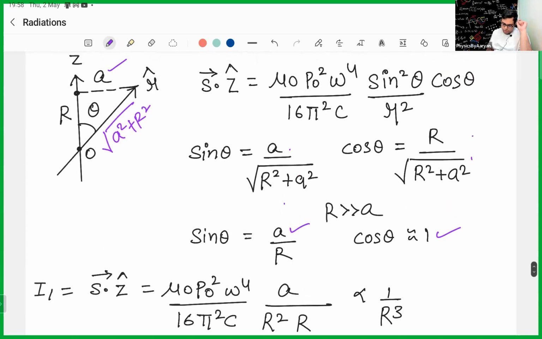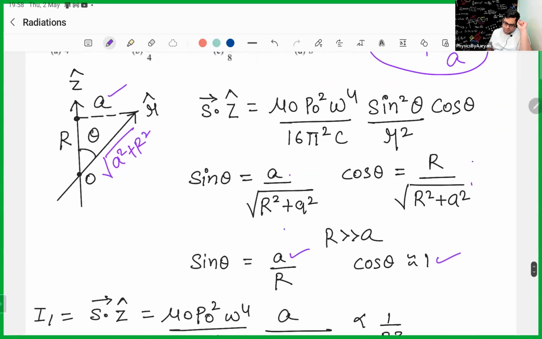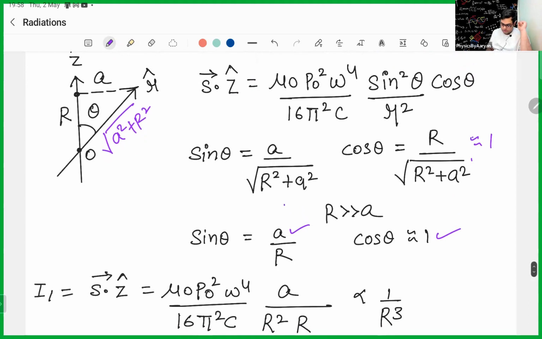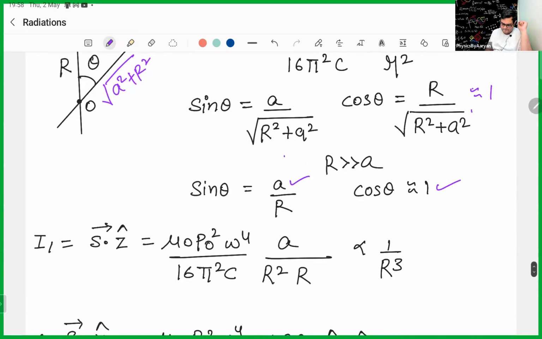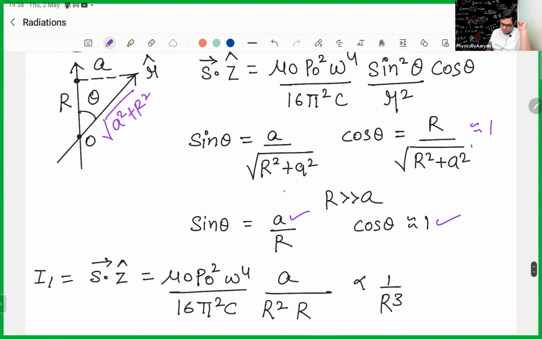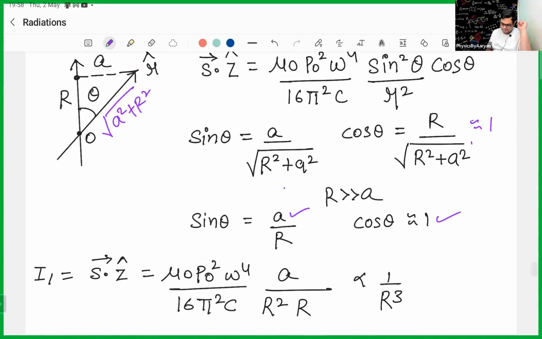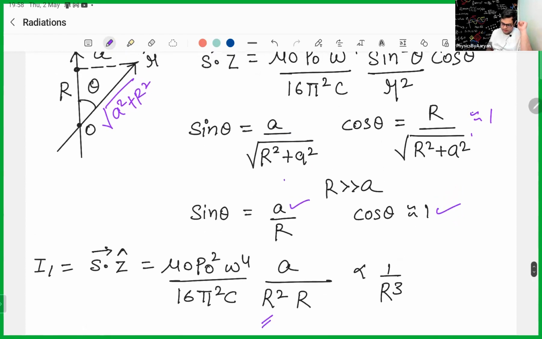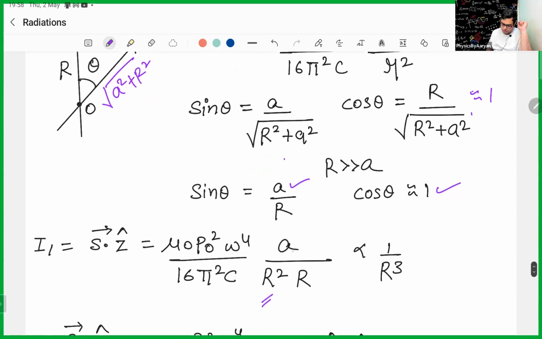So if I put this in, cos theta is almost equal to 1, and sine theta becomes perpendicular, which is A, divided by this distance, the square root of A squared plus R squared. And then we had this R squared as well. So 1 by R squared should already be there. And if I do sine squared, it should be A squared by R squared, right?